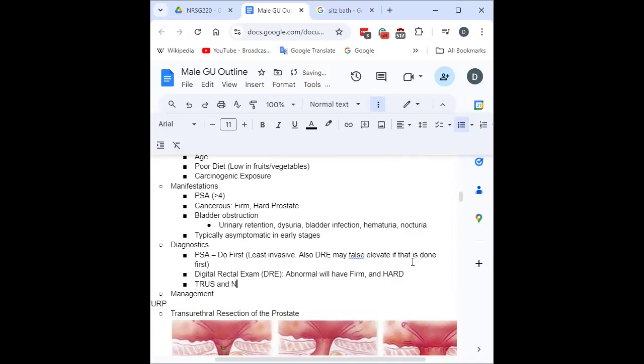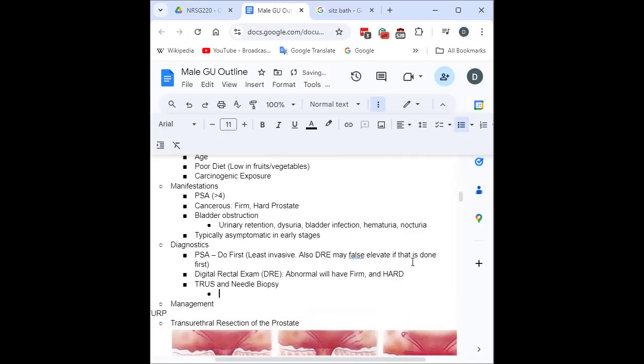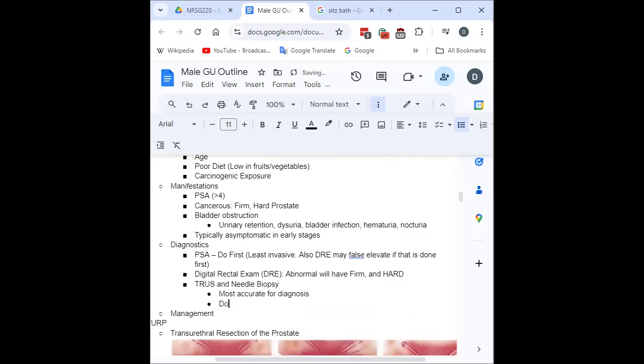They use that to take a look and then get a biopsy, because remember, your biopsies are always going to be your most accurate diagnosis. Done when PSA and DRE are abnormal, along with your transrectal ultrasound. Okay.